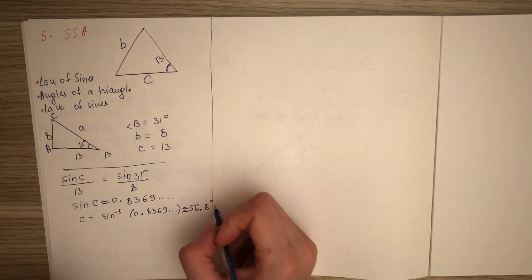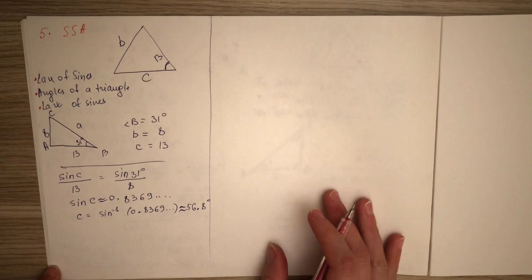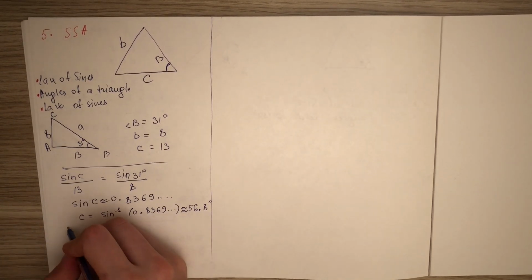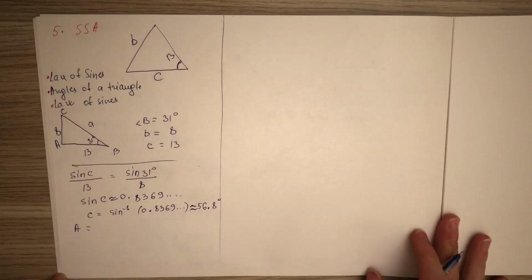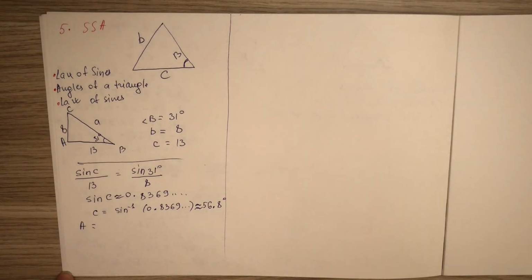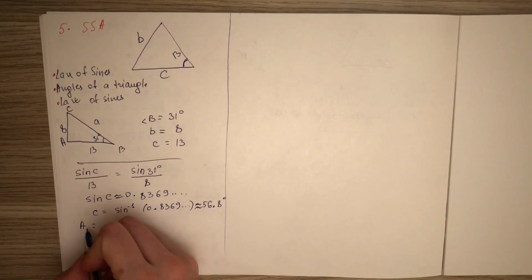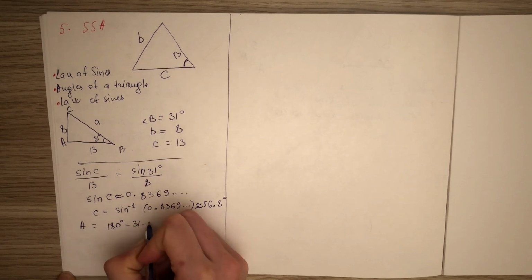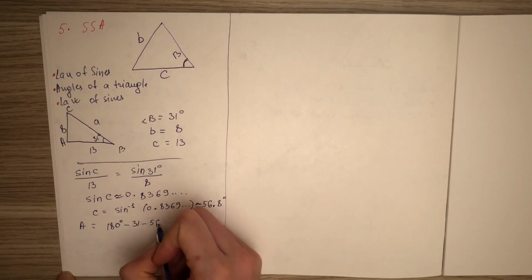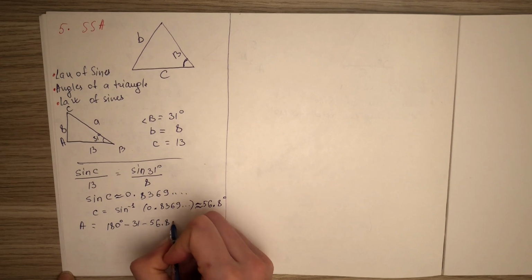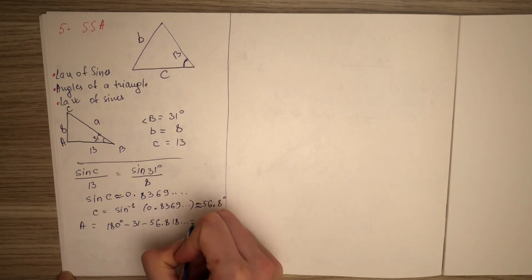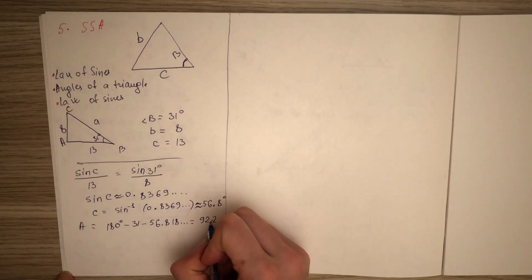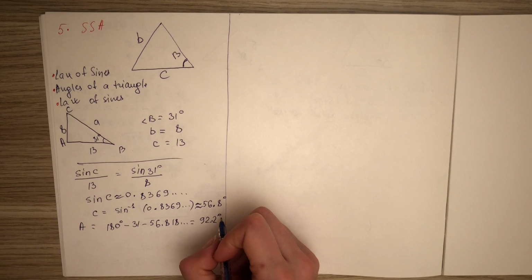Now we can use the three angles add to 180. So A is equal to 180 degrees minus 31 minus 56.8, which is 92.2 degrees to one decimal place.